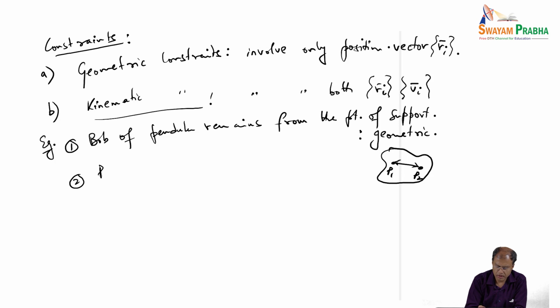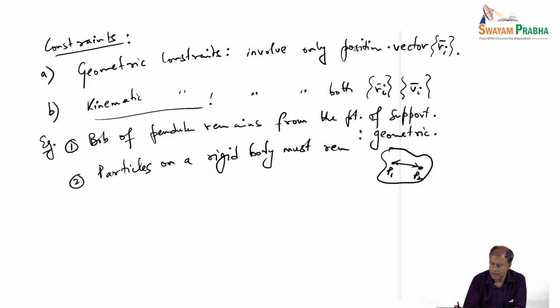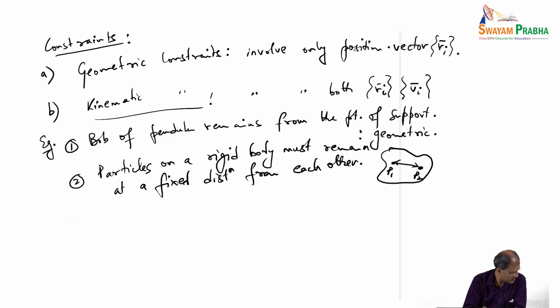So particles on a rigid body must remain at a fixed distance from each other. And then we could have particles sliding on a wire.